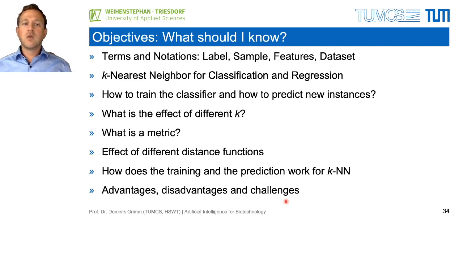We should know what is the effect of different k, what is a metric, also the effect of different distance functions, and how the training and the prediction work for the k-nearest neighbor classifier. So what's the algorithm, and what are the advantages, disadvantages and challenges of this classifier.